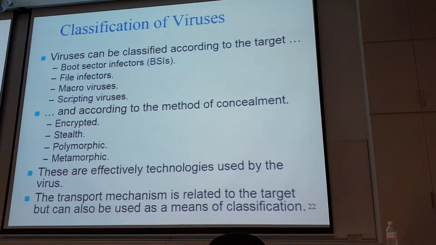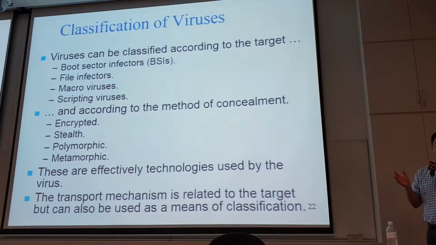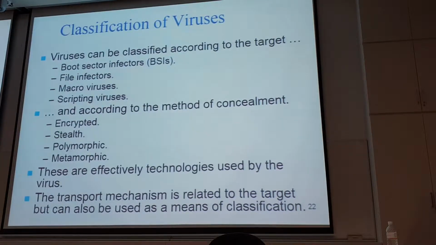And there are also macro viruses. This kind of virus is in particular for Microsoft Office documents, so Word, Excel, and so on. Nowadays, if you open a Word or Excel file which contains macros, the system will give you a warning.